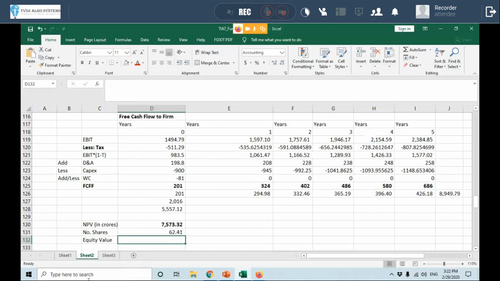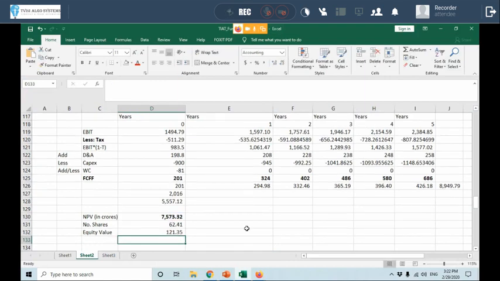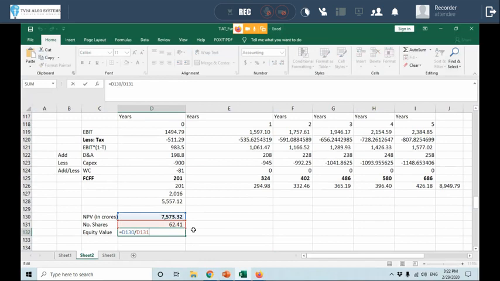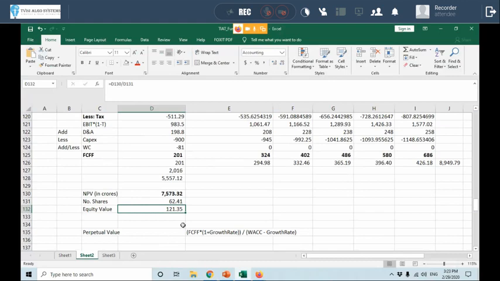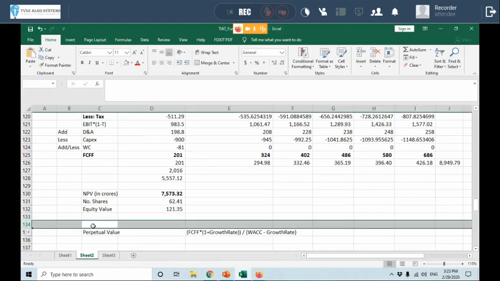So the equity value or the market value of DMart is 121, which is good. Obviously our growth assumptions will also matter. We have taken very conservative ones, so our price has to be somewhere close to 2000 rupees.